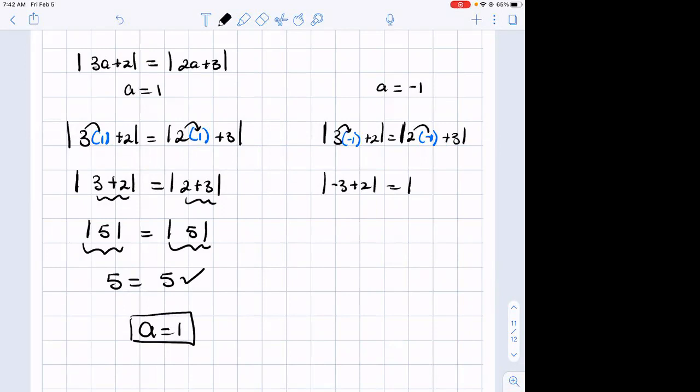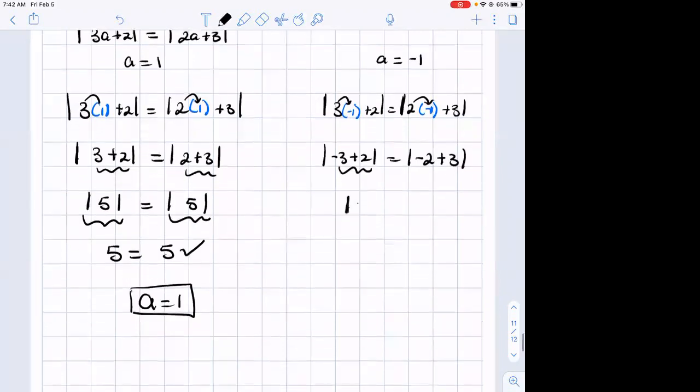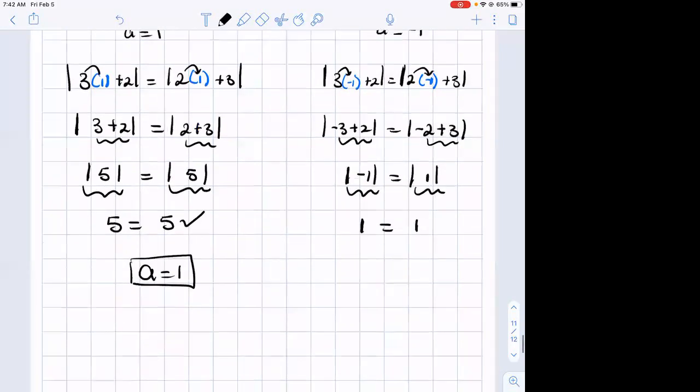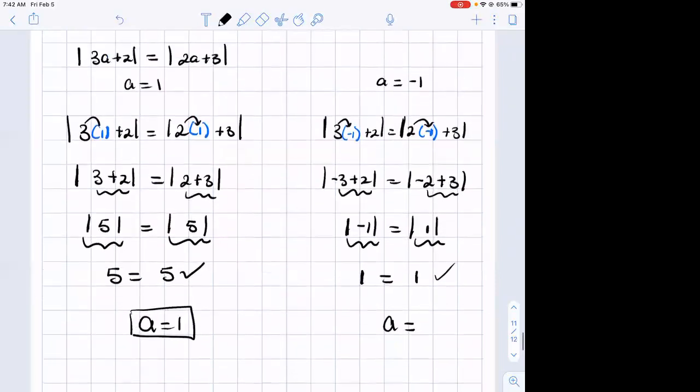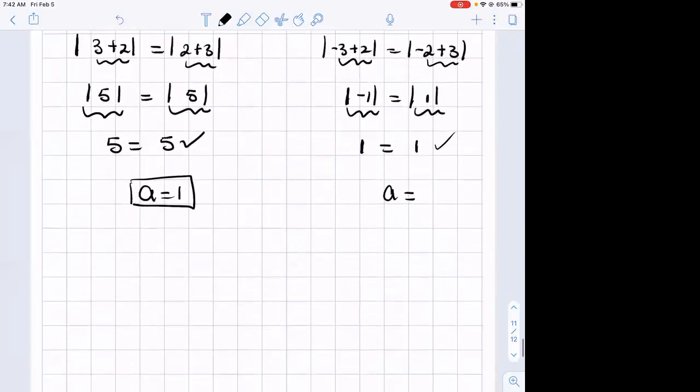And we have 2 times negative 1 is negative 2. Simplifying the inside, this becomes the absolute value of negative 1. Negative 2 plus 3 is 1. The absolute value of negative 1 is 1. And the absolute value of 1 is 1. And 1 is equal to 1. So a equals negative 1 happens to be a solution also.